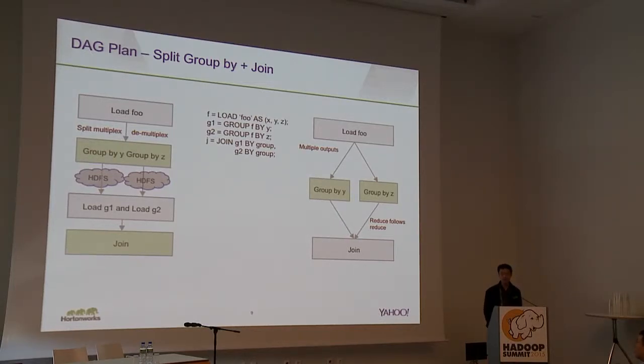Compared to the MapReduce plan on the left, we can see there are several benefits of the Tez plan. First, in the MapReduce plan, we have to dump the intermediate result into HDFS and then load it back. We get rid of this step in Tez. Second, the Tez plan is more straightforward.